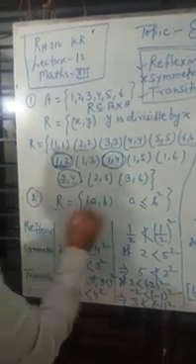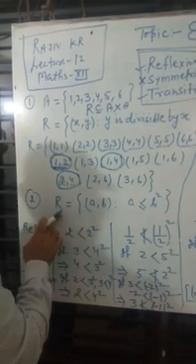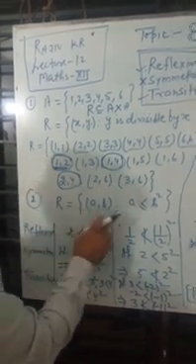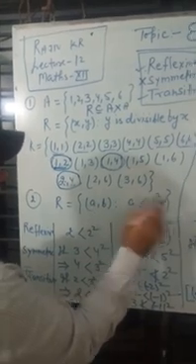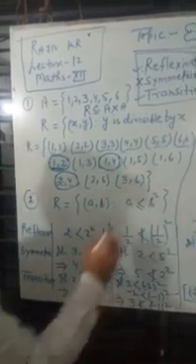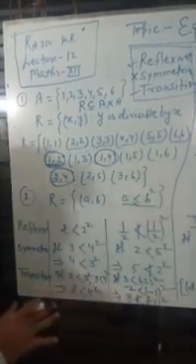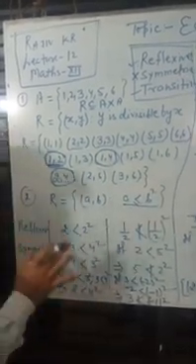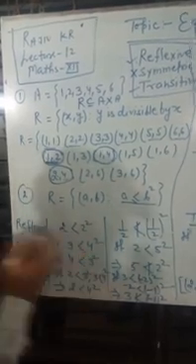Now, one of the questions: the rule of the relation is a is less than or equal to b square. That is the rule of the relation. You have to prove whether this relation is equivalence or not.